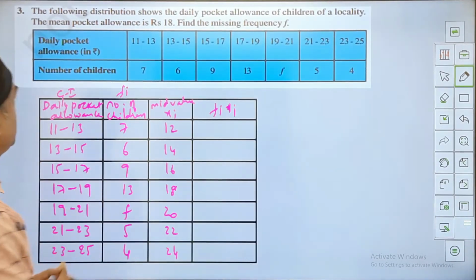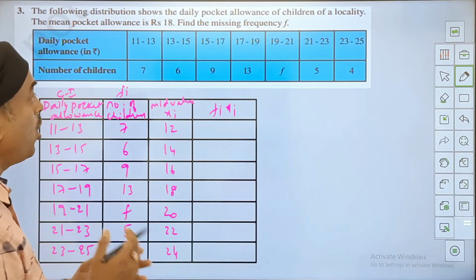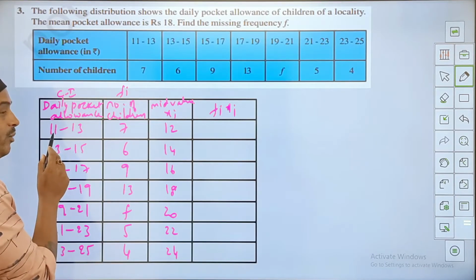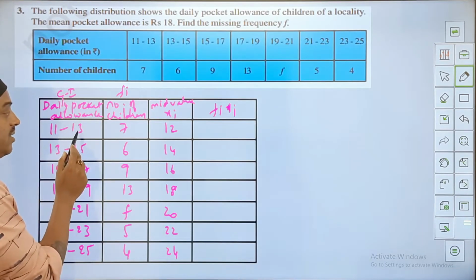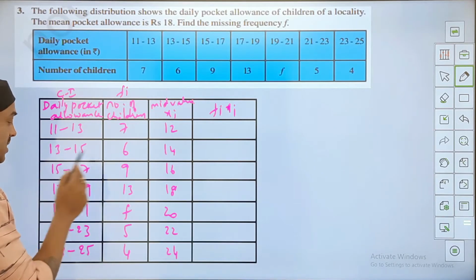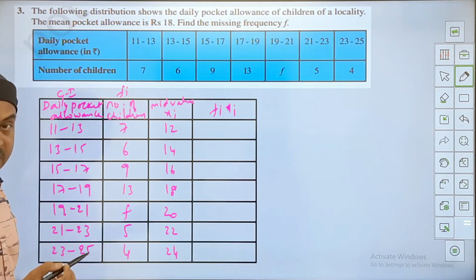Now let us do the third question in this exercise. The following distribution shows the daily pocket allowances of the children. So you understand, the children who have pocket money falling between 11 and 13 are 7, falling between 13 and 15 are 6, falling between 15 and 17 are 9, falling between 17 and 19 are 13, like that.